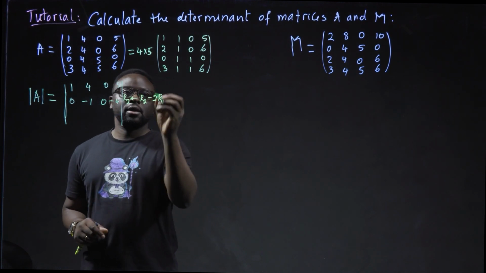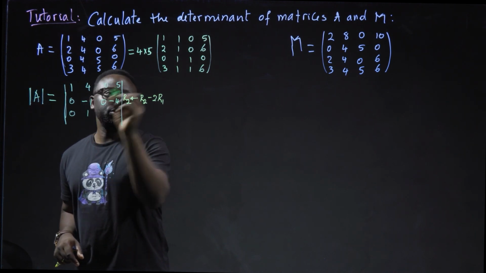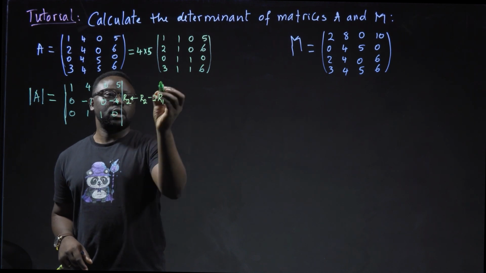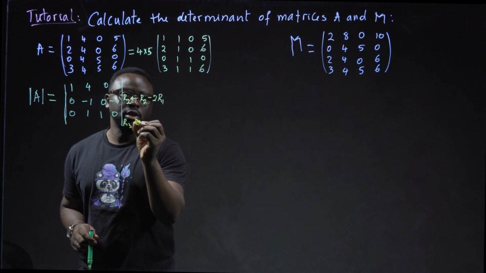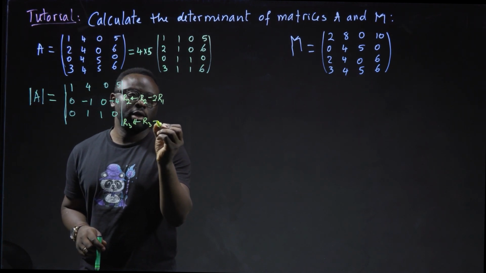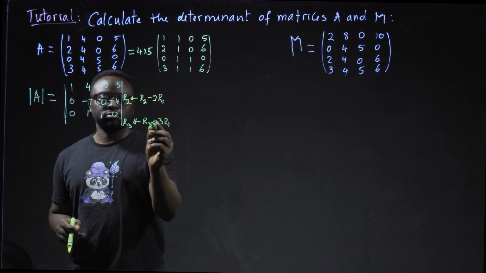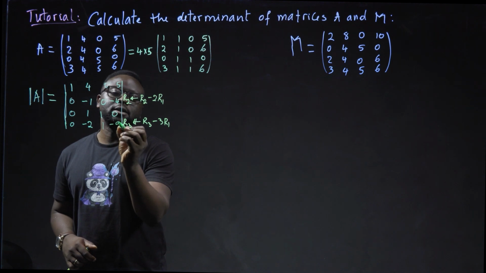Right, for the third row, we don't need to change anything because we already have 0 here. 1, 0. And the last one, we want R3 to be R3 minus 3R1. So this is 0, minus 2, 1, and minus 9.